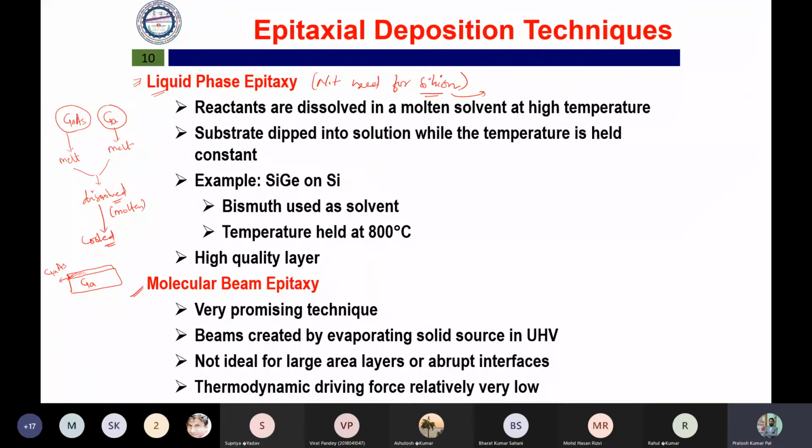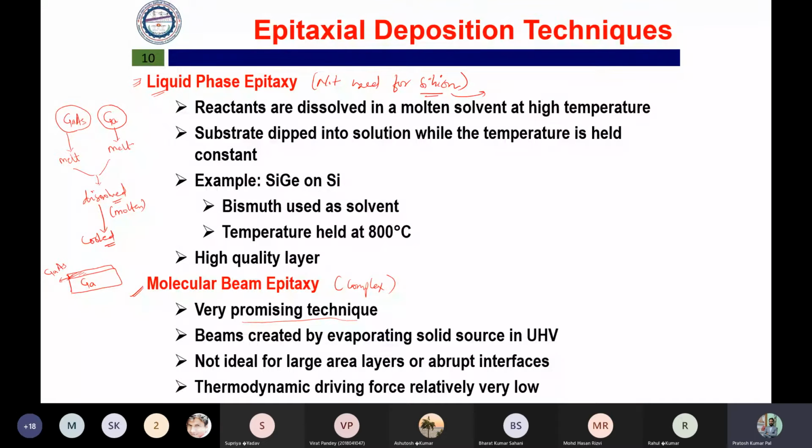The next one is molecular beam epitaxy. In molecular beam epitaxy, chemical reactions will be taking place, okay. So this is one of the complex processes, but it is one of the most promising and reliable techniques, compared to liquid phase epitaxy and vapor phase epitaxy.